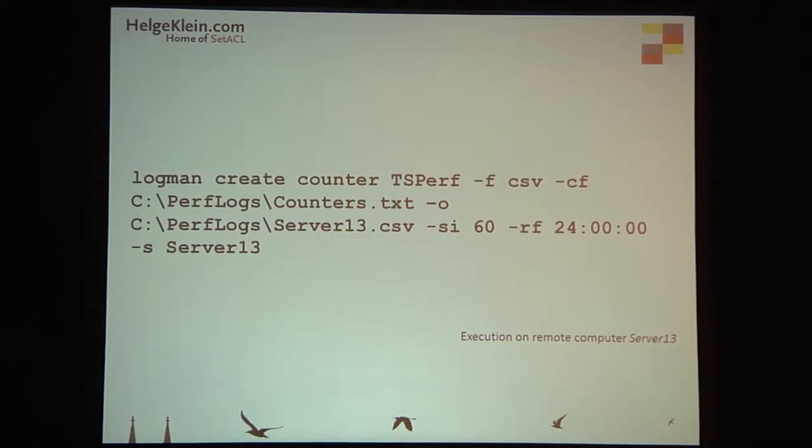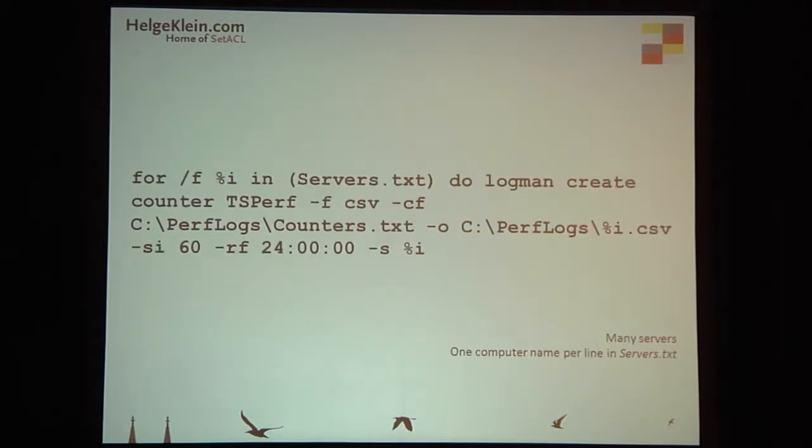And I can run it very easily on many servers in my farm with the very, very helpful for loop. I'm a big fan of that one. For that, again, I need a list of these servers in my farm, or at least the servers I want to process. I might not want to process all, but only a subset of all servers. This file should contain one server name per line.